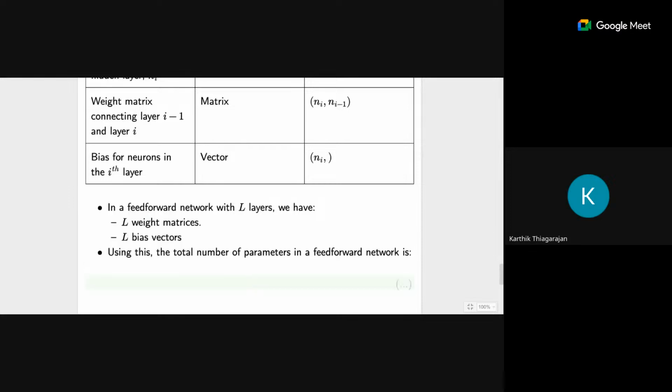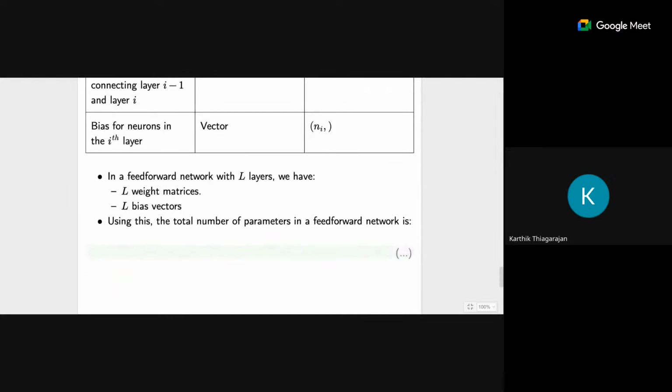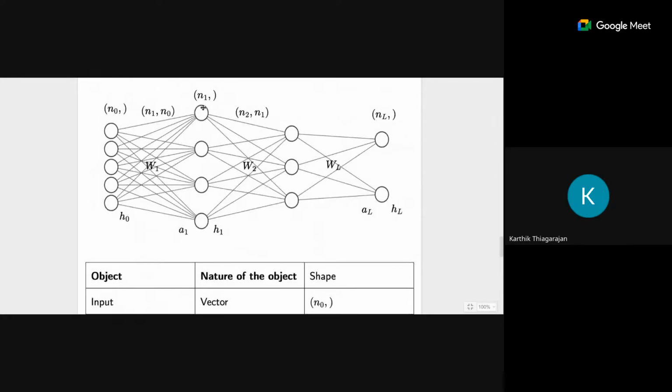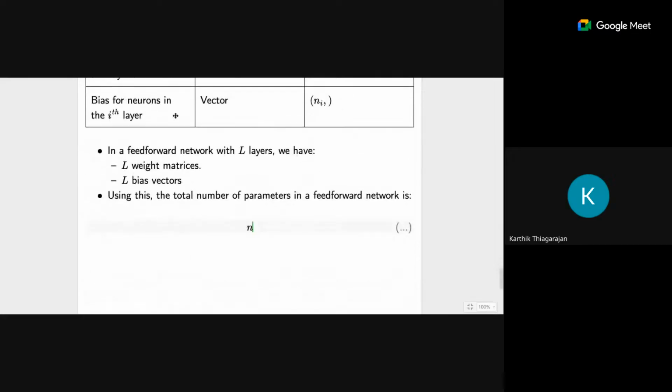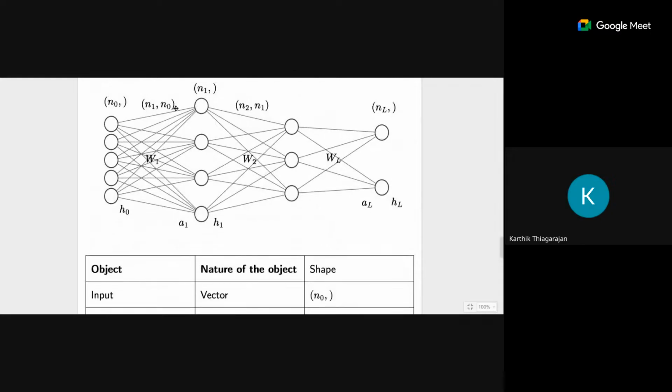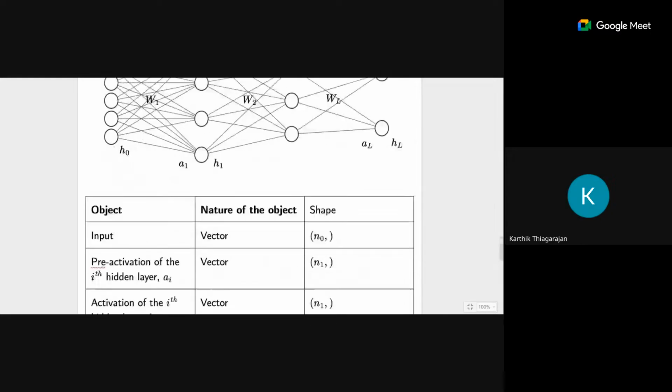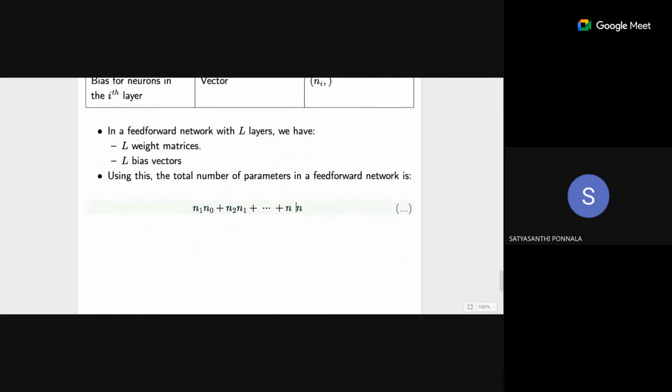You can actually write this down, right? So what will this be? It will be N1 into N0. That's the number of connections in the first layer. In the second layer, you have N2 into N1. That many weights are there. So it is N subscript something into N subscript something else, and for the last layer, it is NL into NL minus 1.